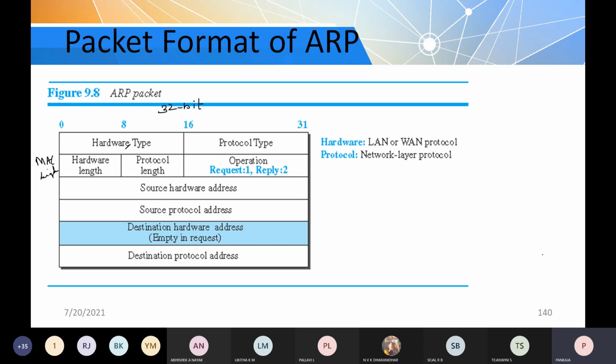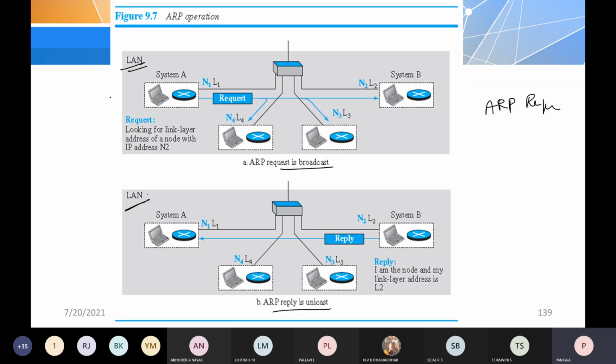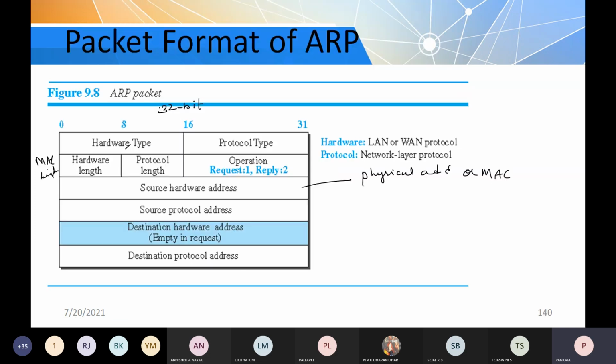Then followed by the source hardware address. Hardware address indicates a physical address, or it may be a MAC address. That address should be the source: the source node is the device that is sending the request. Then followed by the protocol address. You can observe here the blue color shaded area.